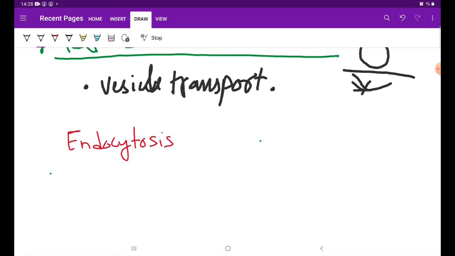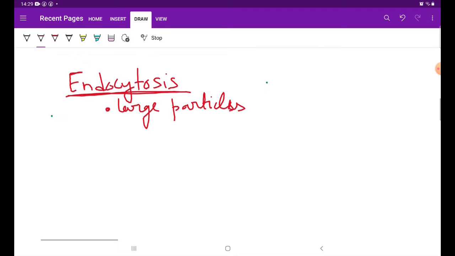Now endocytosis, basically it occurs in large particles, just like foreign substances. And endocytosis has two types.